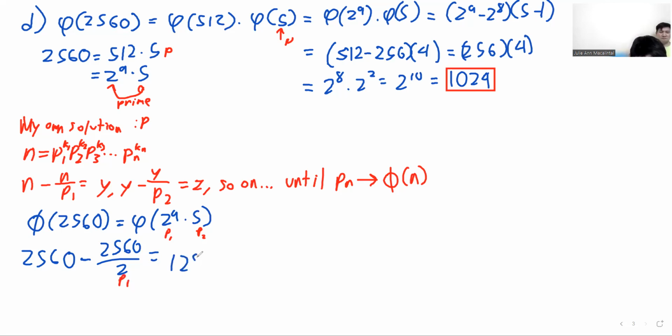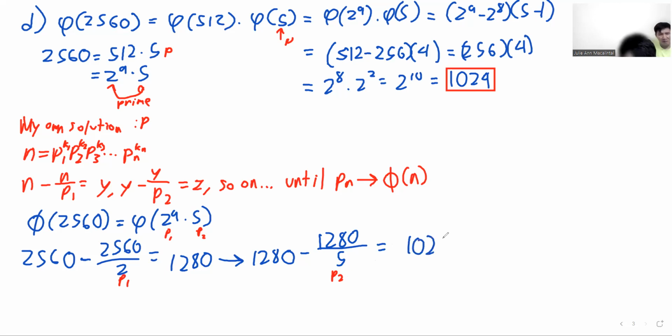This equals 1280. And then next step, 1280 minus the next prime as the denominator, 5. Prime number 2 will be the next denominator. If there was a third prime, then this would keep going, but there are only two primes here.